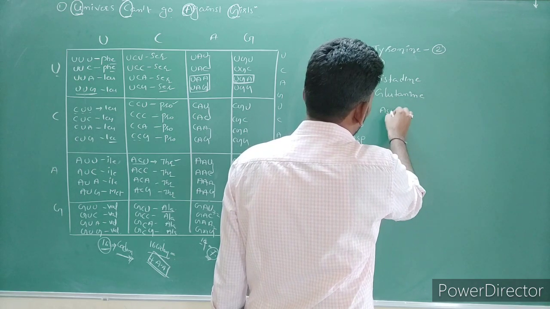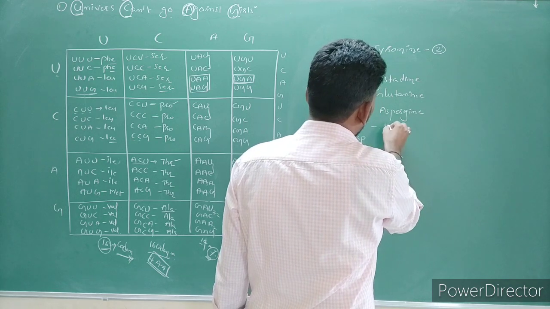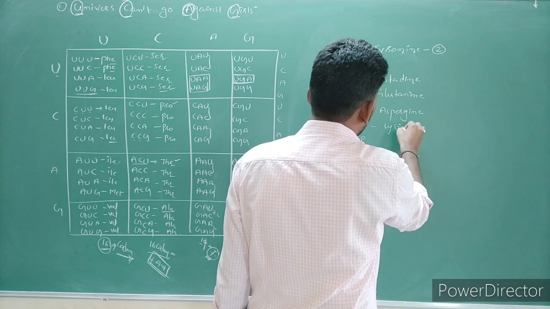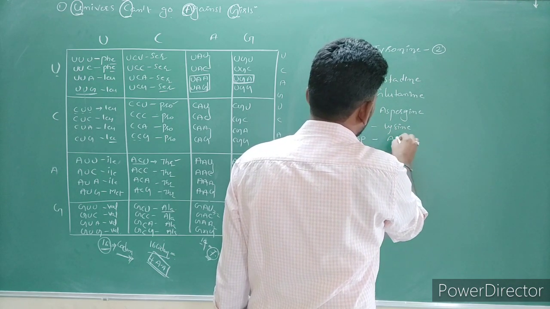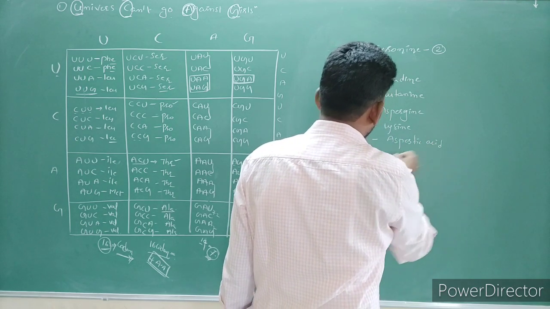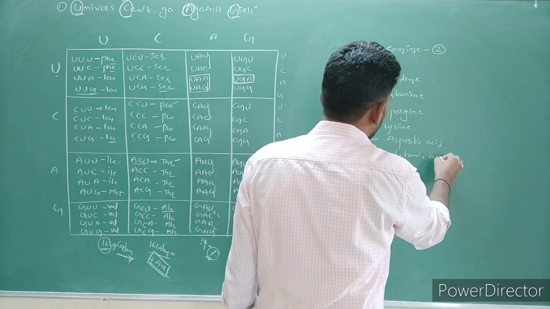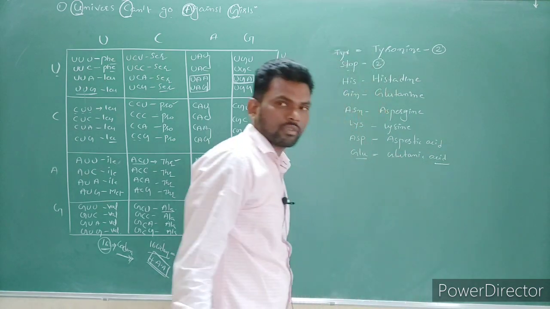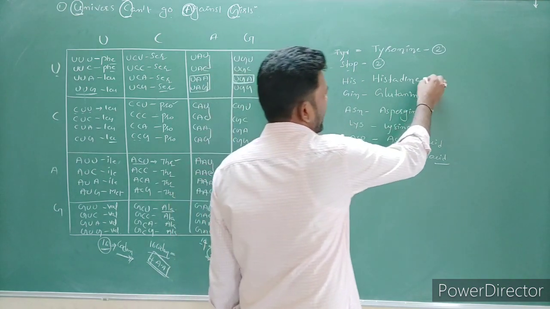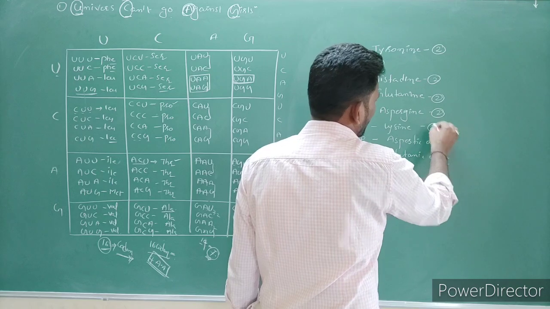ASN means asparagine. LYS means lysine. And ASP means aspartic acid. And glue means glutamic acid. Right? And each and every amino acid is going to be coded by 2 codons.